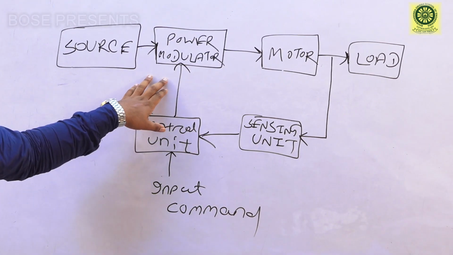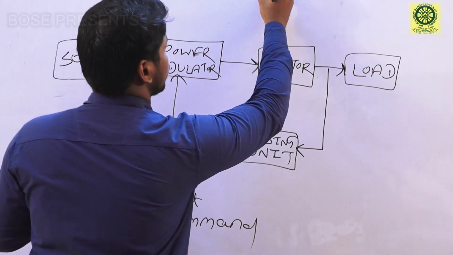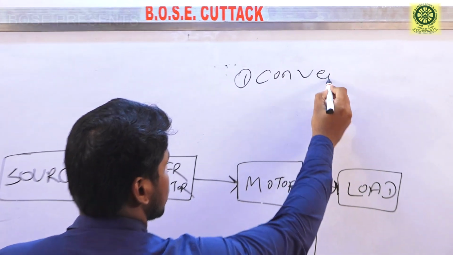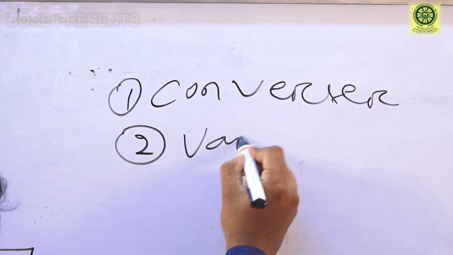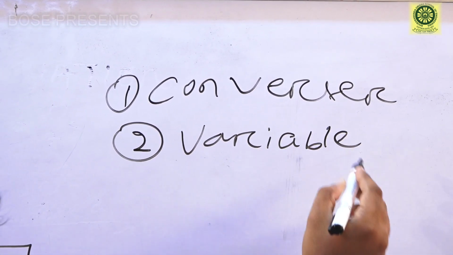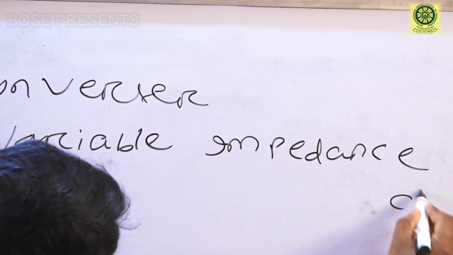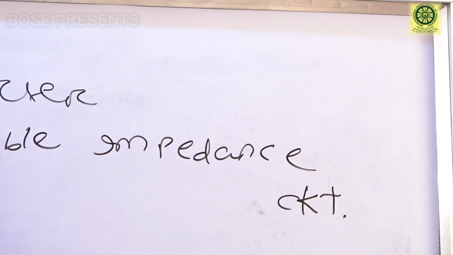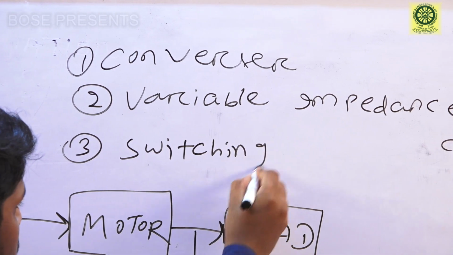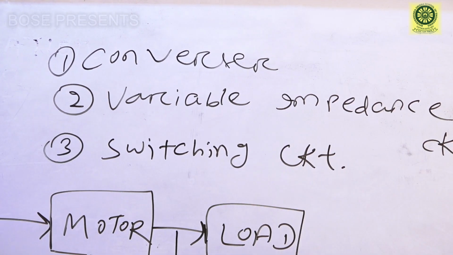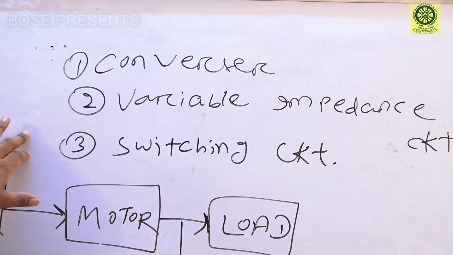The power modulator can be used as of three types: first as a converter, second as a variable impedance circuit, or third as a switching circuit.